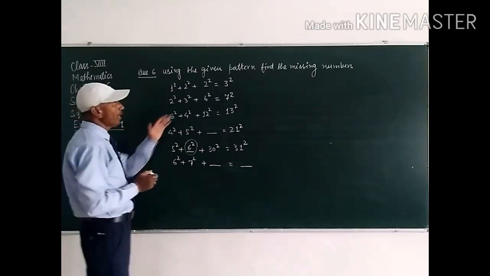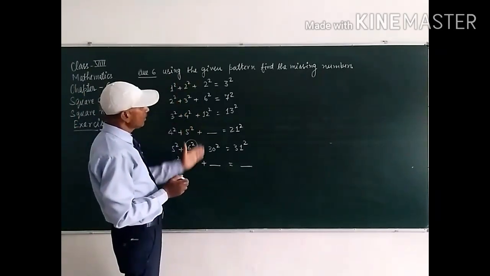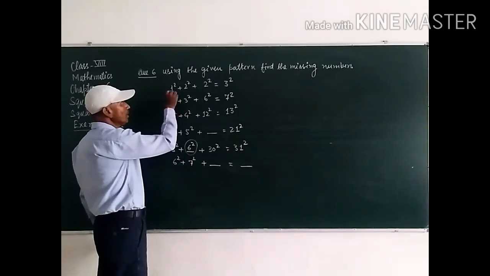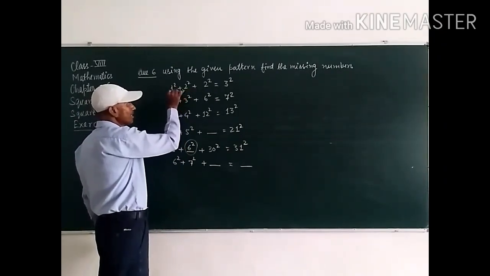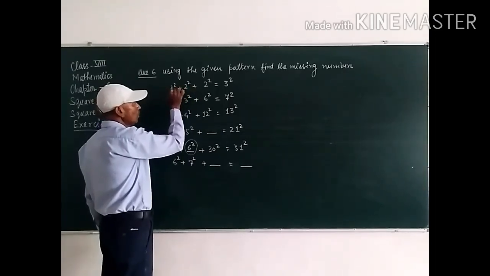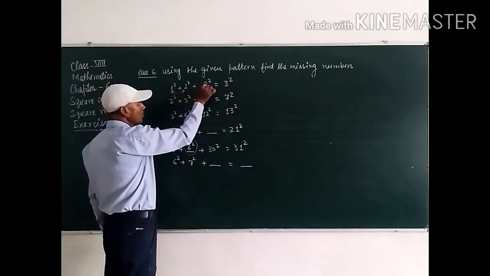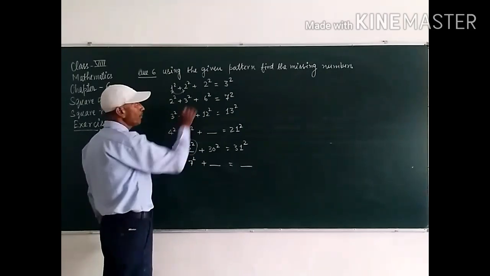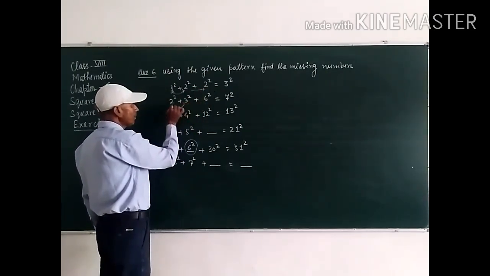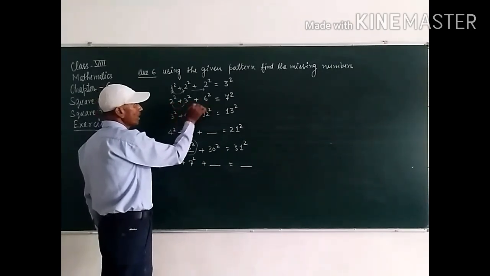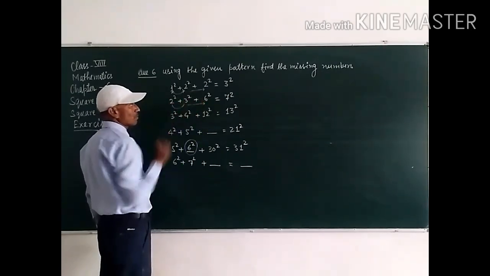Clear student? And in this third row student, the first number is multiplied by the second number. 1 into 2, so 1 2 ja 2, 2 square. Clear? And this one 2 square. This number 2 into 3, 2 3 ja 6, 6 square student.